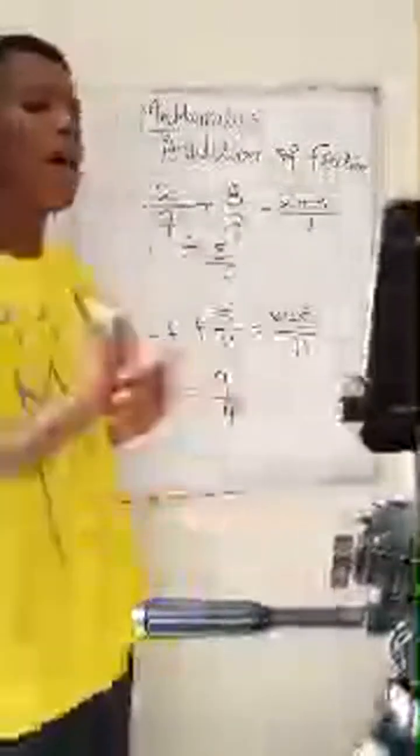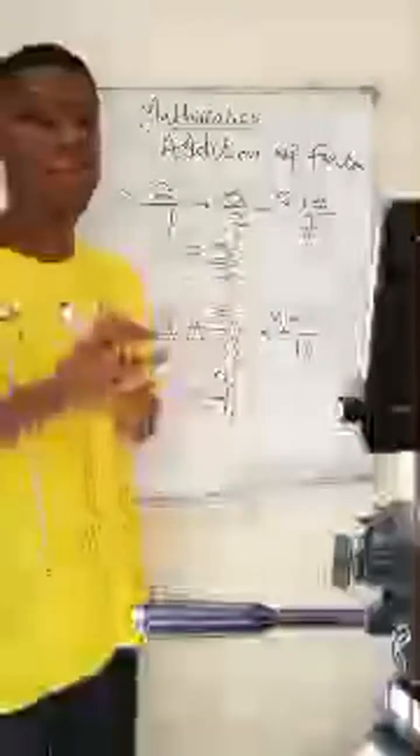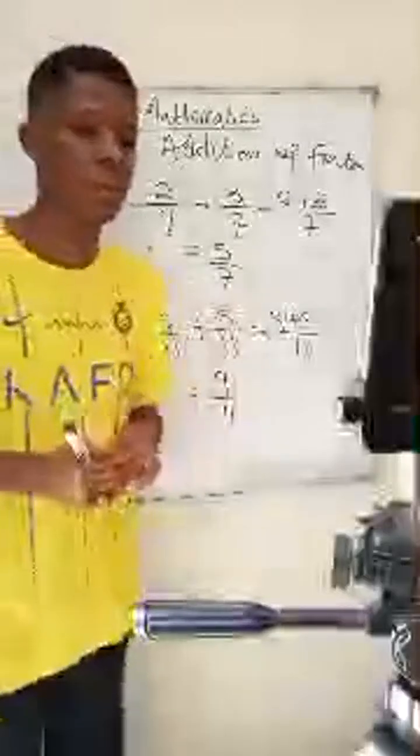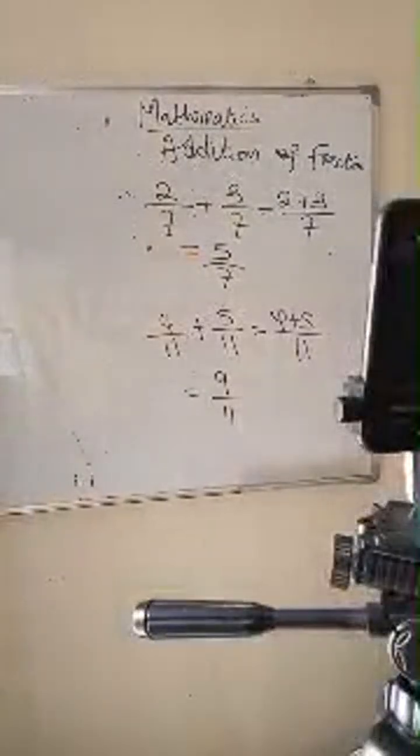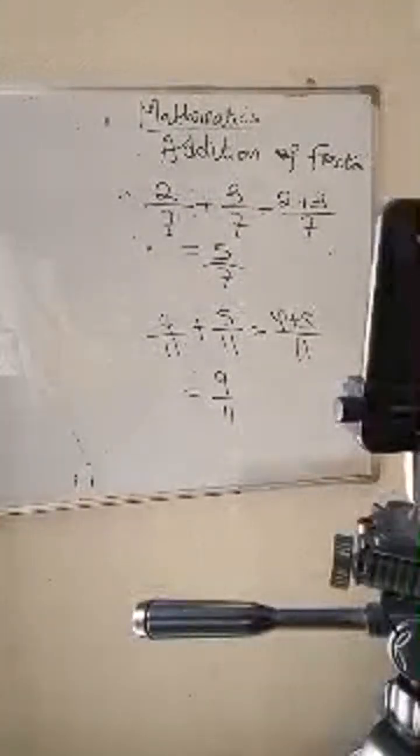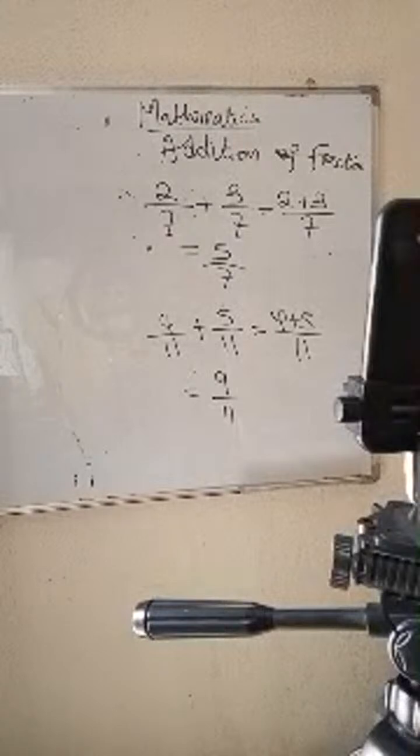Just remember that whenever you're adding fractions together and the denominators are the same, you just have to add the numerators. Okay? That's the easiest method of adding 2 or more fractions together. Do you hear me? So for you to add 2 or more fractions together, the denominators must be the same. Once the denominators are the same, you just have to do what?